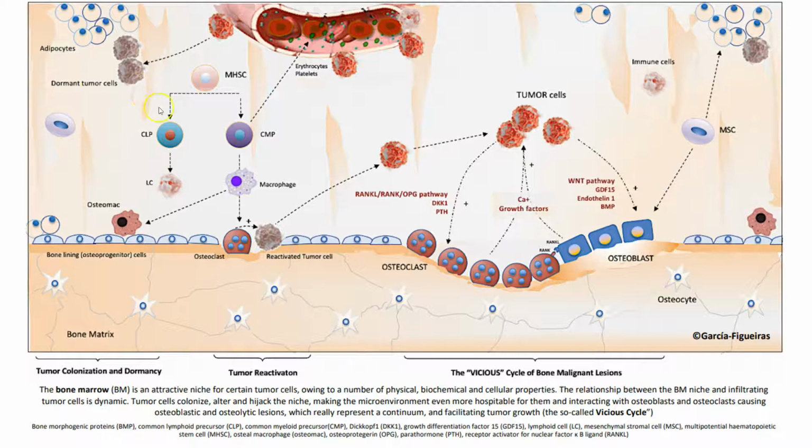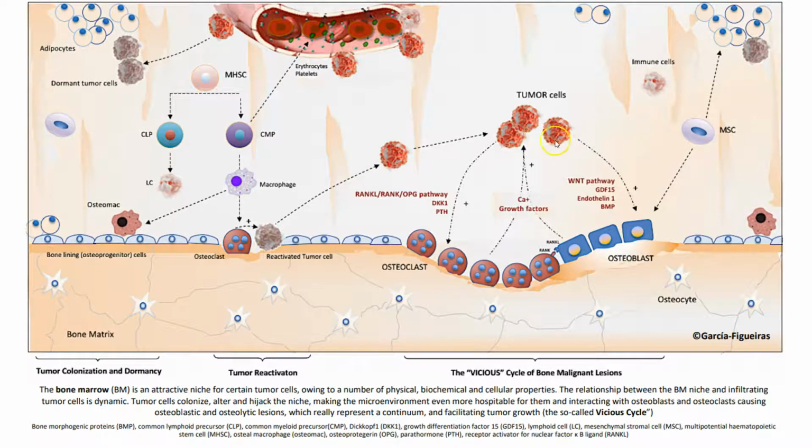Once it activates and begins to multiply within the bone marrow space, it initially signals osteoclasts using the RANK ligand and OPG mechanism that we discussed. This causes bone resorption and the release of calcium and growth factors, which promotes tumor cell growth within the matrix adjacent to a bone trabeculae.